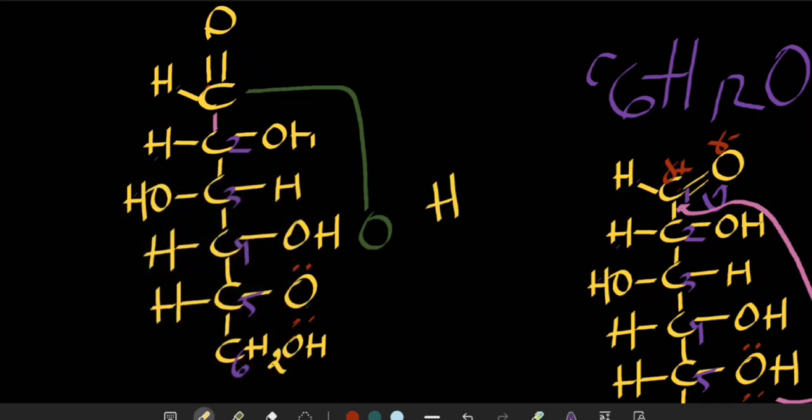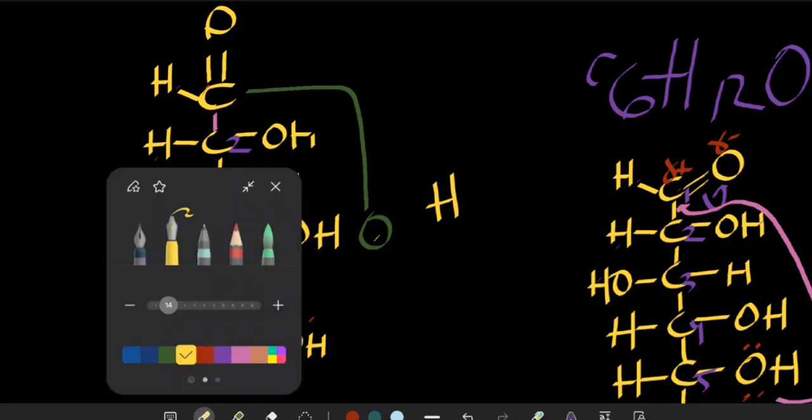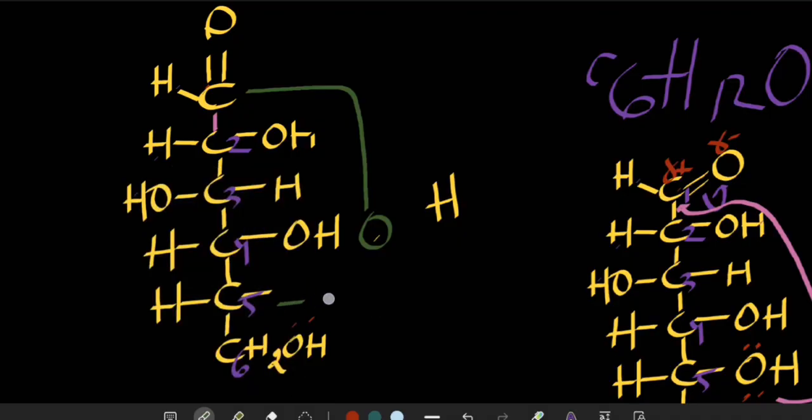So this is the same oxygen, right? I've taken it over here. So I'm just going to remove it, and then I'm going to show you how the bond forms. So now, as you can see, the carbon 5 has formed a bond with carbon number 1, right?